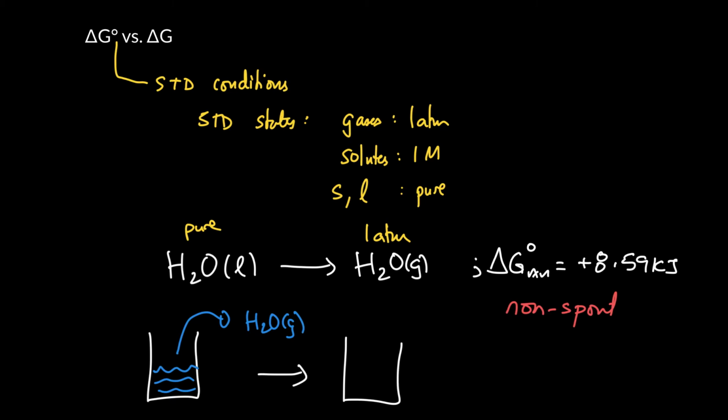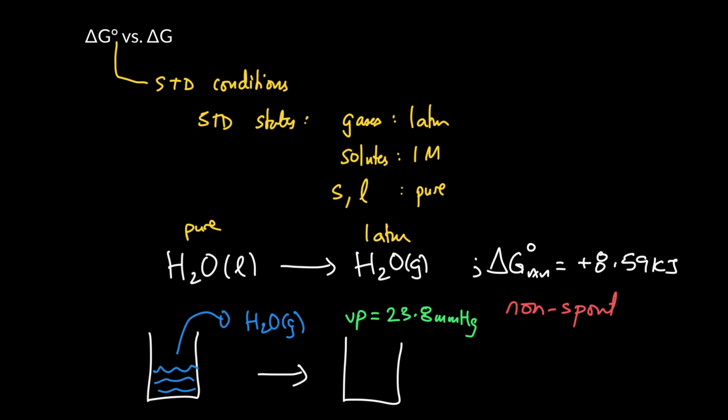Water does evaporate, but it only gives us a vapor pressure on the order of 23.8 millimeters of mercury. It doesn't get all the way up to 1 atmosphere until it starts to boil at 100 degrees C. So that makes sense. Our reaction can actually occur as written, but it can't produce a standard state of water vapor. It can only produce water vapor at a fraction of 1 atmosphere.